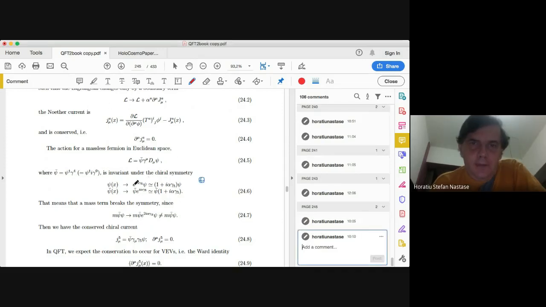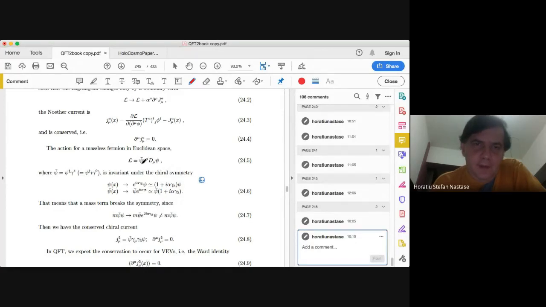So I was saying that the Lagrangian is psi bar gamma mu del mu, but del mu doesn't matter with respect to matrix indices, times psi, and then this varies.